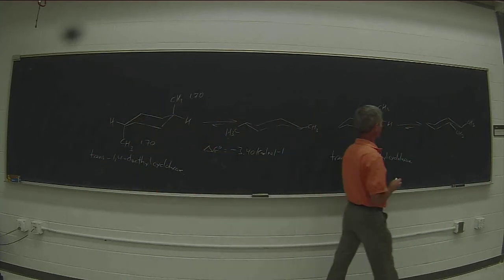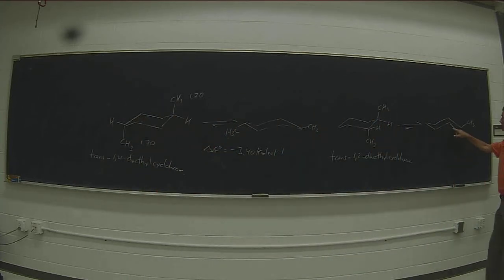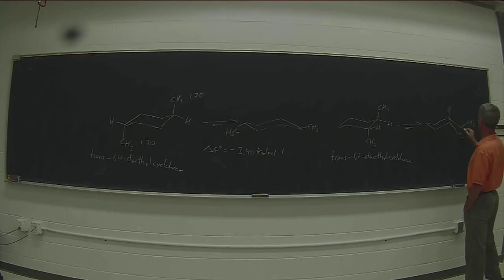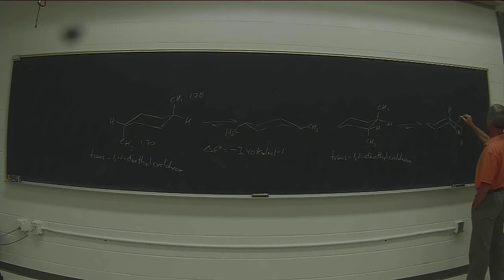And the reason for that is because in this chair conformer, these two methyl groups are in adjacent positions. There is actually a 60-degree dihedral angle between them, which results in a gauche torsional strain.